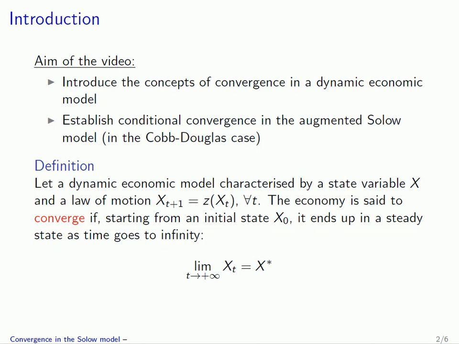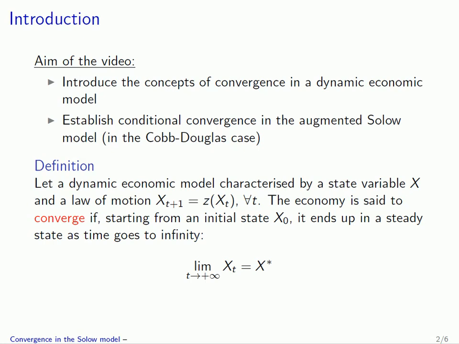And in this dynamic economic model, we'll say that the economy converges if, starting from some initial state, which we call x_0, the economy ends up in a steady state as time goes to infinity. So mathematically, this writes that the limit of x_t as t goes to plus infinity is equal to some value x*.